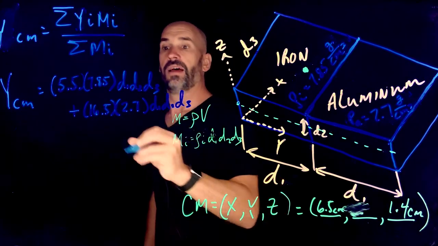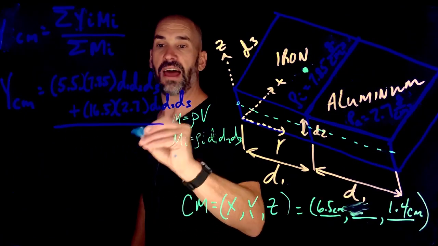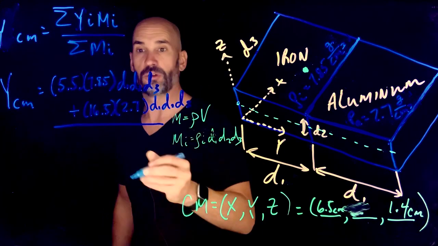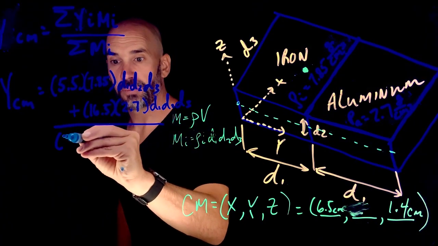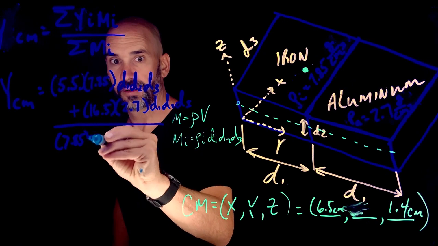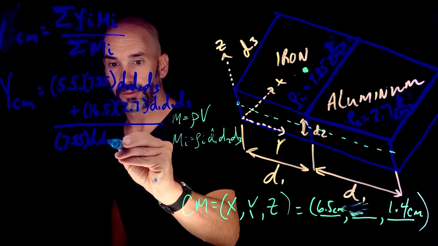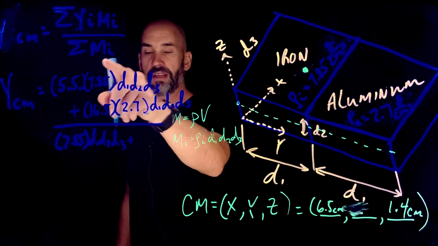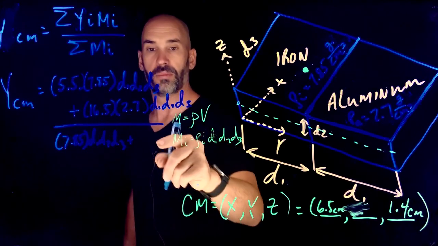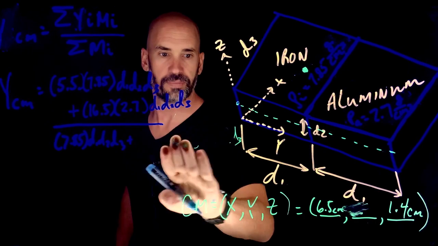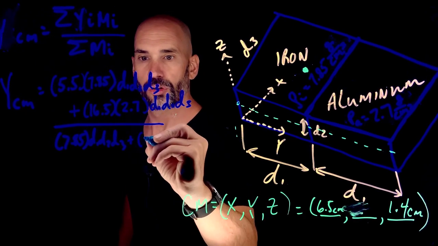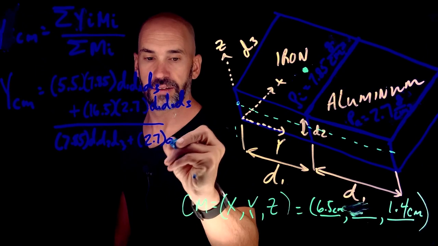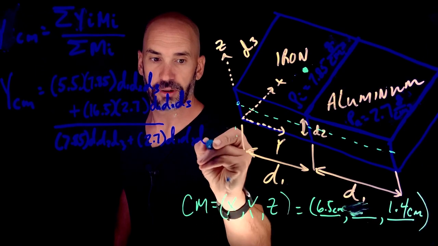And this is all going to be divided by the mass of everything, which is going to be 7.85 D1, D2, D3, that's the mass of iron, plus, I'm going to erase this now, the density of aluminum, so that's 2.7 D1, D2, D3.